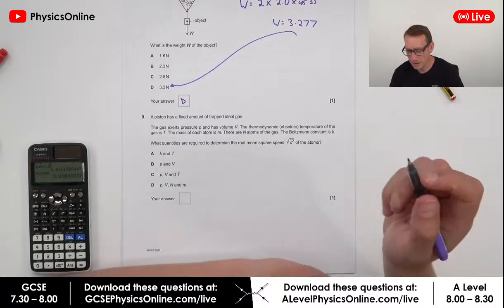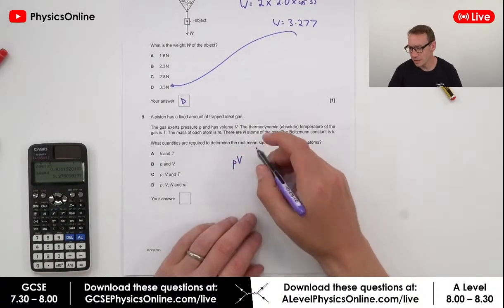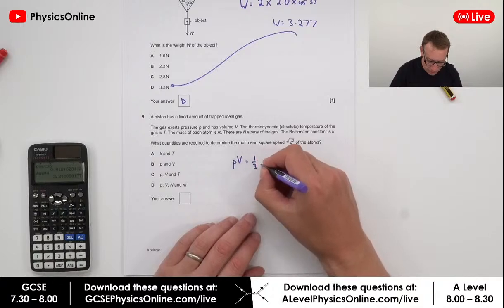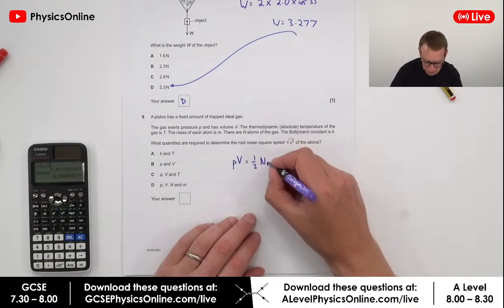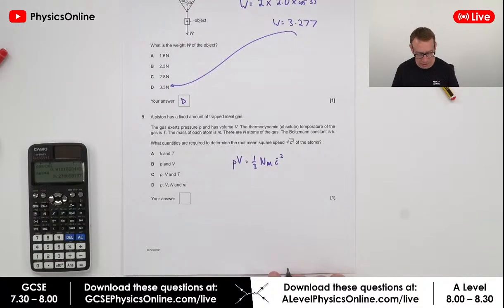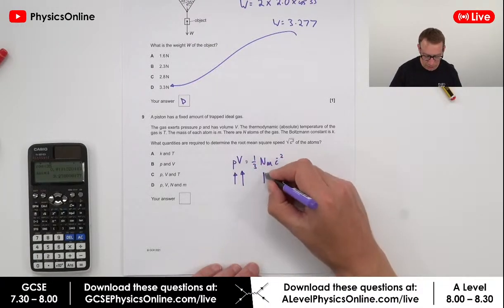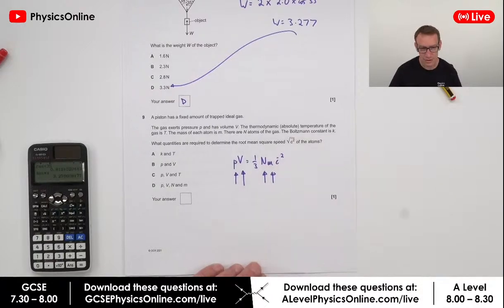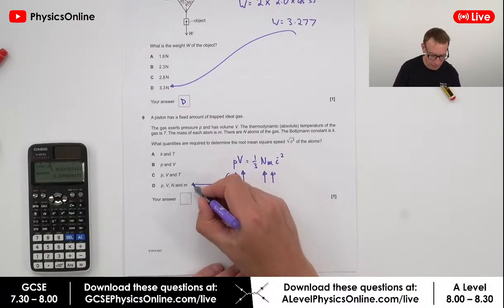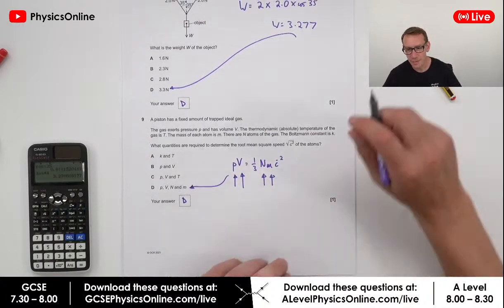So for this, the equation that we can select from our equation sheet is that pV is equal to a third Nm c bar squared. So the quantities needed are p, V, N, and m. So I would say the answer is going to be this one over here, which is D.